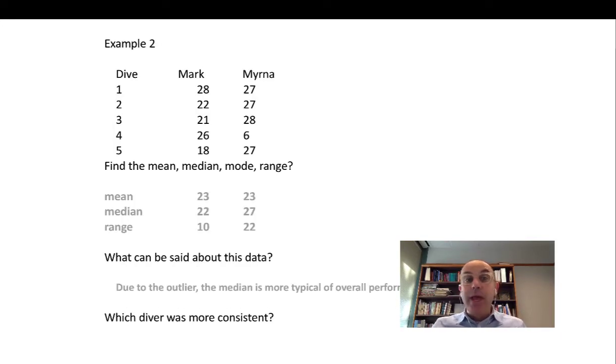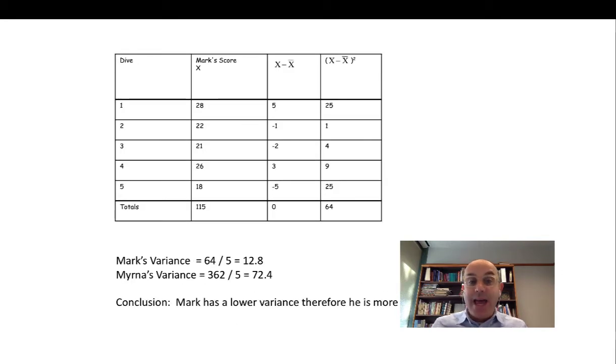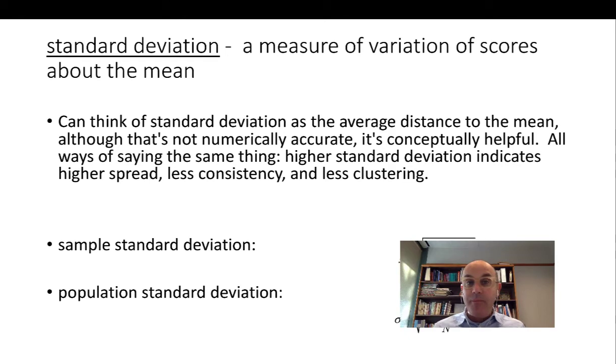This is something that we like to know. So the idea here is, again, we are putting it to a test, we are applying it, and by doing that, we can show that Mark has a lower variance, therefore he is more consistent with overall performance. Again, that's the power of statistics with regard to the consistency of the data.